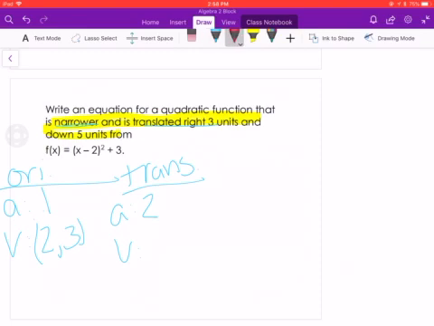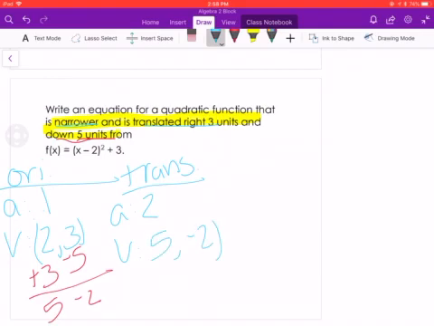So you're going to take 2 and add 3 to it. And it's down 5 units. So with your 3, you're going to subtract 5. This will get you to 5, negative 2. So your new vertex would be 5, negative 2.